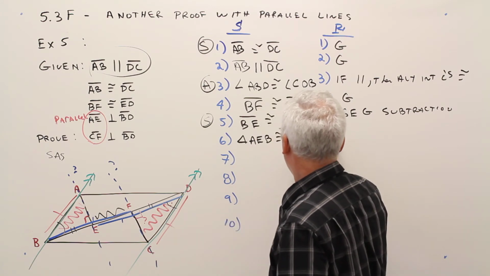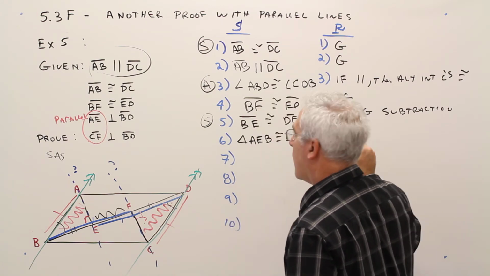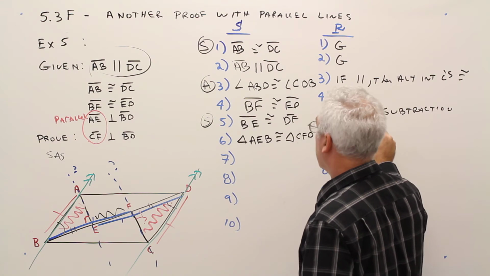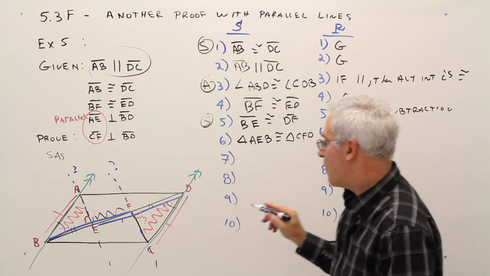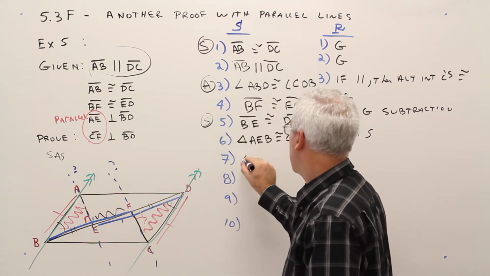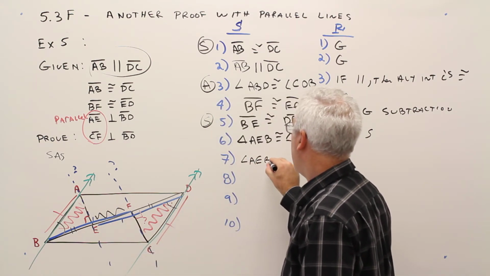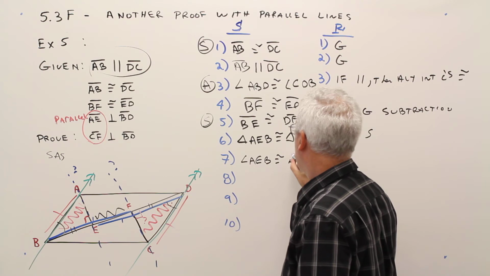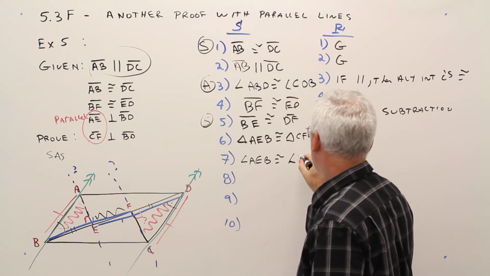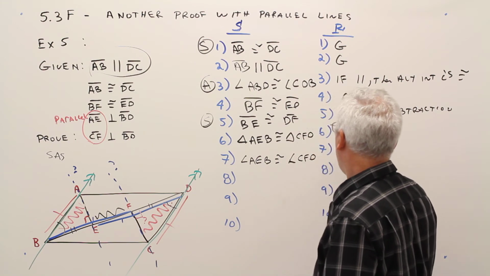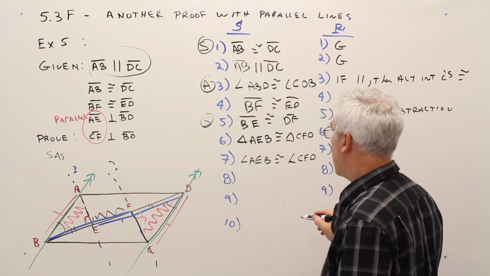CFD, sorry about that. And that would be by SAS. Okay, now I can get the angles. So I can get angle AEB to be congruent to angle CFD by CPCTC.